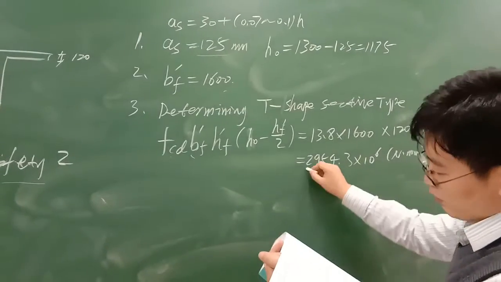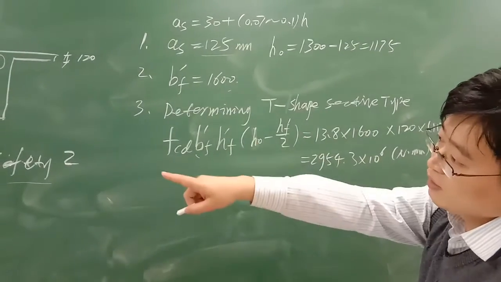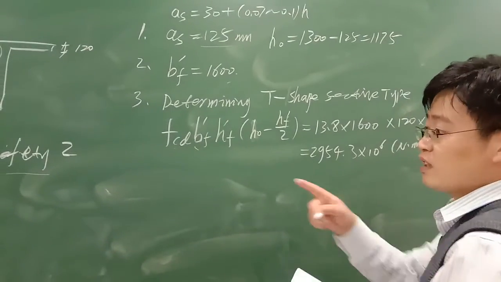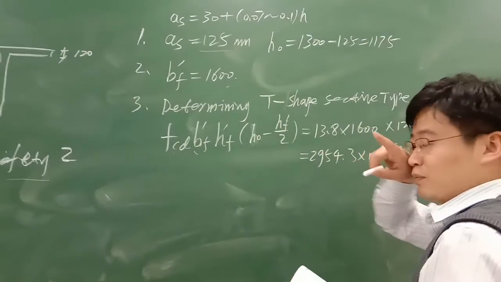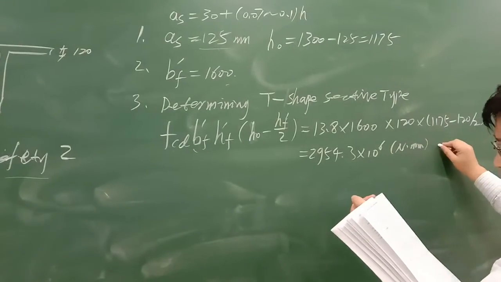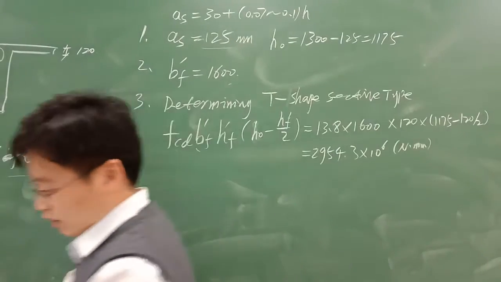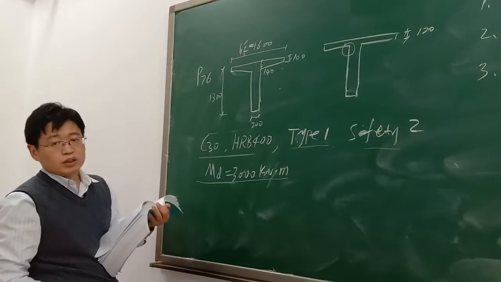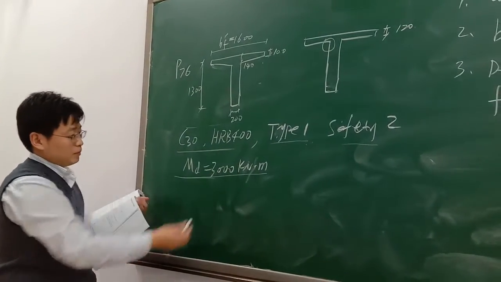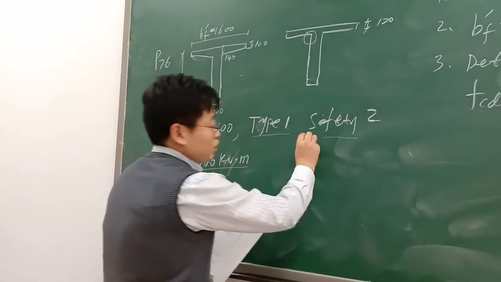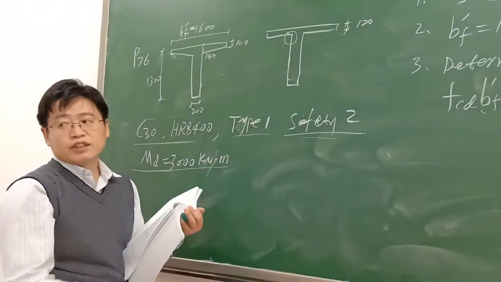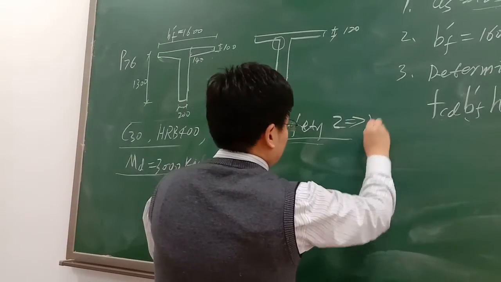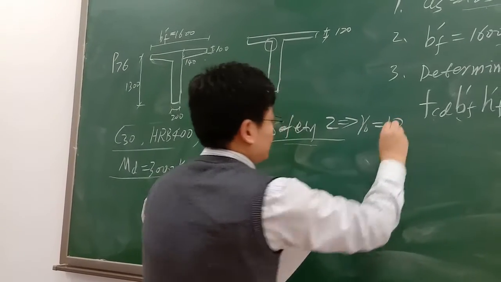Compare this value not directly with the 3000, and this is because of gamma 0. In this condition, the load-induced moment is 3000. With safety level 2, gamma 0 equals 1.0.